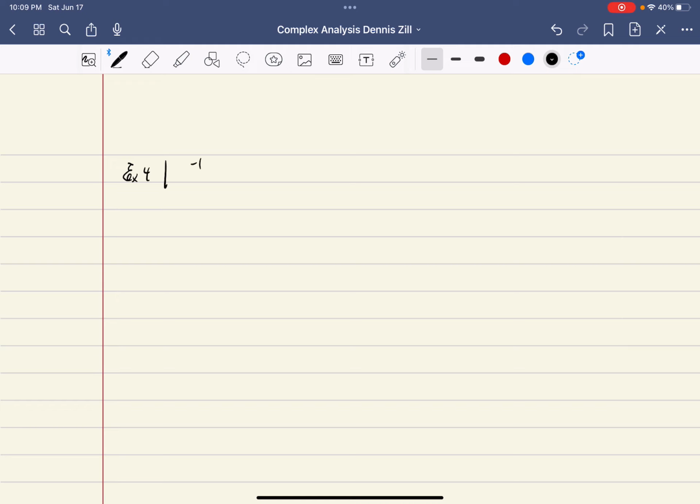We have negative 1 over z to the 4 minus 5z plus 1, where the modulus of z is equal to 2, right? So now we're trying to come up with some sort of inequality. Well, observe that the modulus of negative 1 is equal to 1, really.